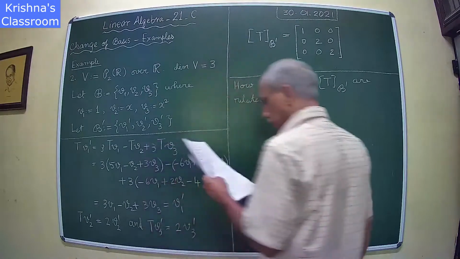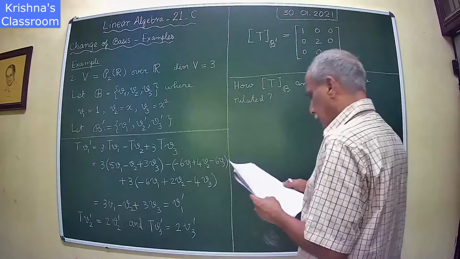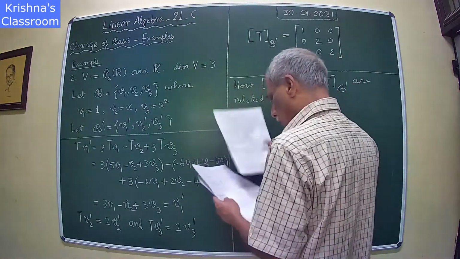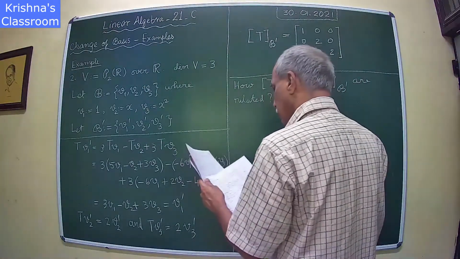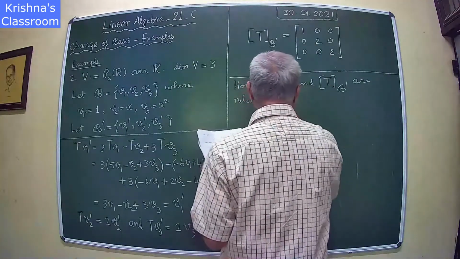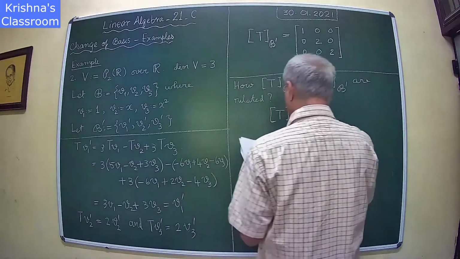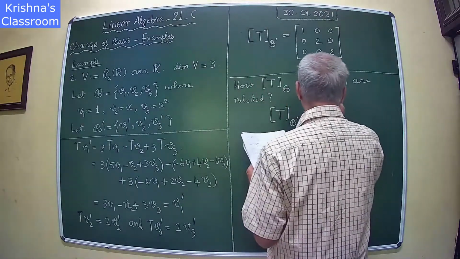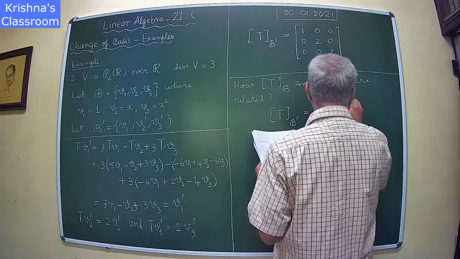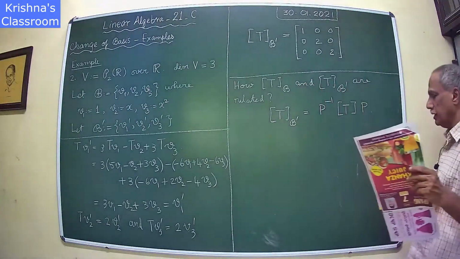We have seen that the relation is given by T B prime is equal to P inverse T B P. This is what we have obtained earlier.